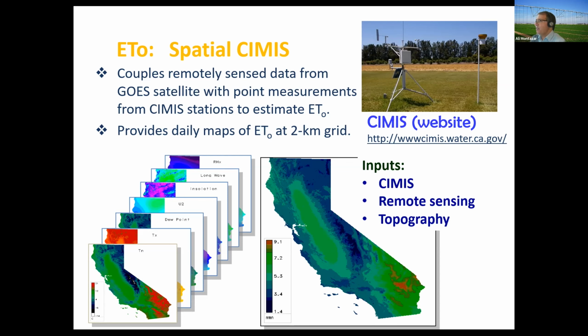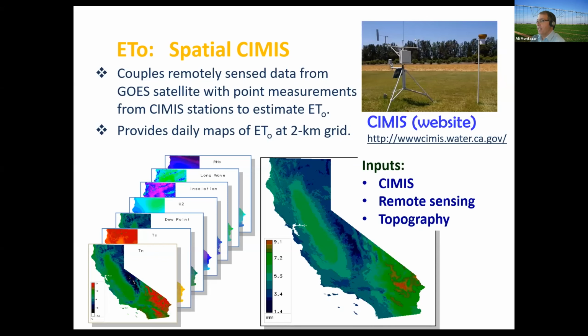And then it develops daily ETo for the entire state of California. It developed a map with 2-kilometer resolution. So your field is a part of this map, and you can retrieve the information for your specific location, and that's the ETo for your field.